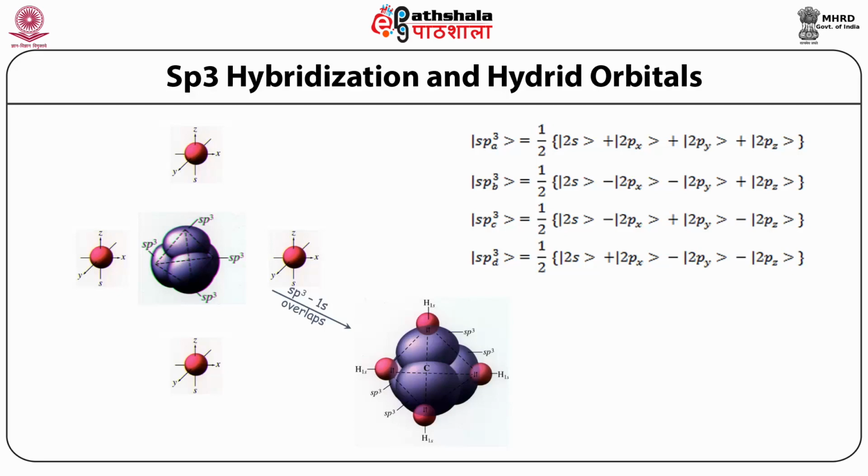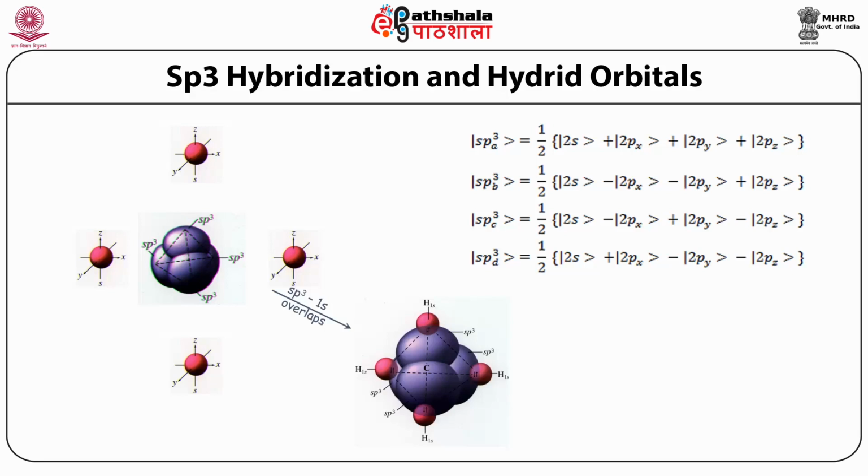sp3a equal to half of 2s plus 2px plus 2py plus 2pz. sp3b equal to half of 2s minus 2px minus 2py plus 2pz.